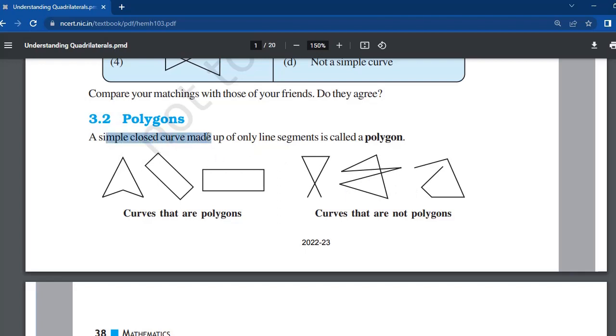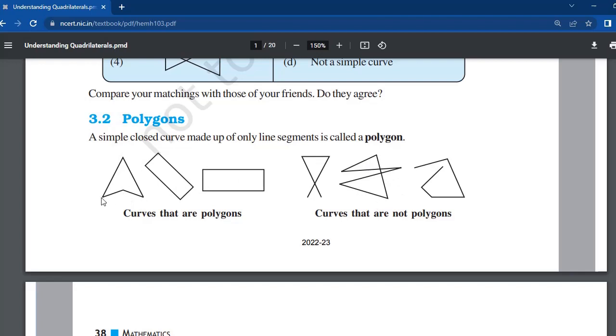A simple closed curve made of only line segments. So a natural question comes to mind: this is closed, why is it not a polygon? Because this is not simple. It is cutting here and there and then moving, and it is not simple at all.